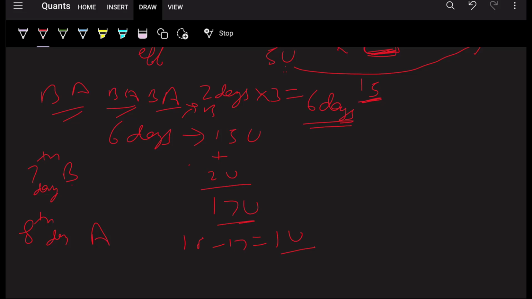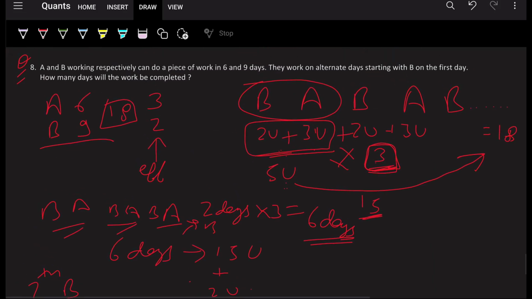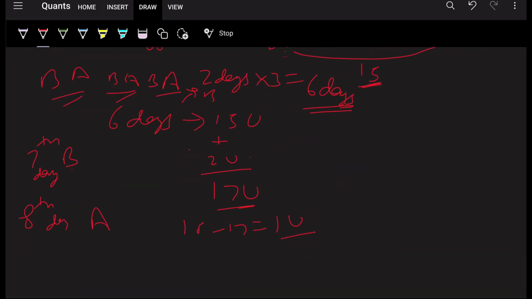So how much time will A take to complete this 1 unit of work? A's efficiency is 3. Efficiency means that in 1 day it will complete 3 units of work.